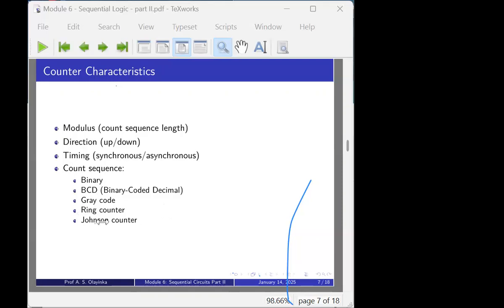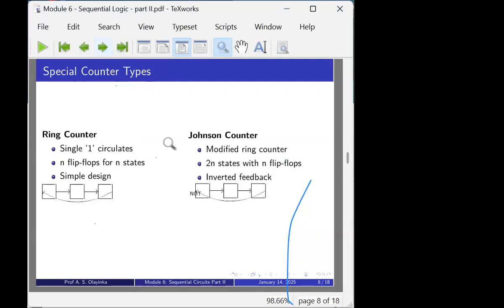Then we talk about the ring counter and Johnson counter, which I just mentioned briefly just now, under the type of counting sequence. So we have the binary coded decimal, we have the gray code, we have the ring counter, lastly we have the Johnson counter.